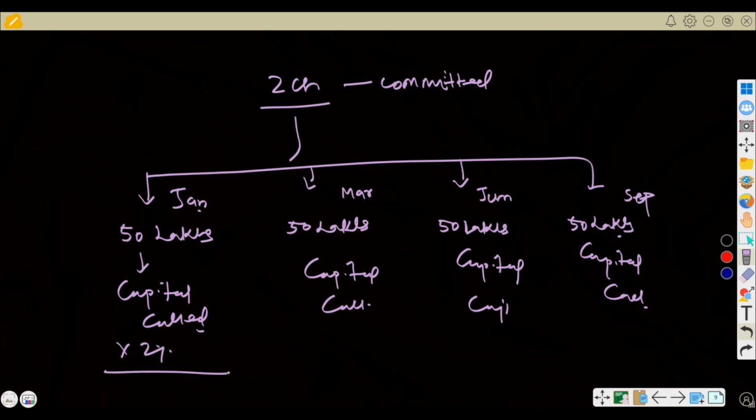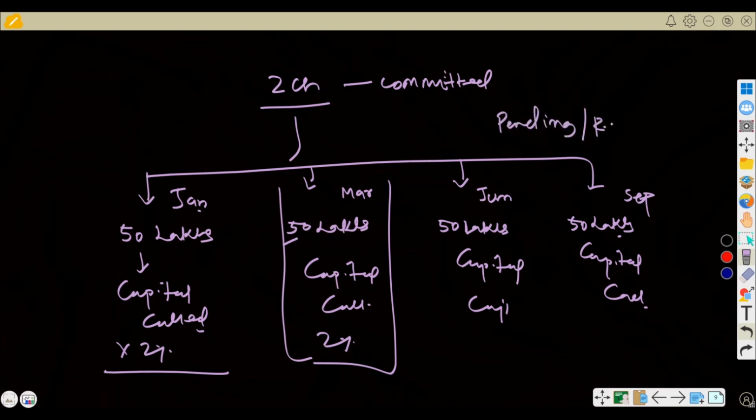Once you have charged the 2% management fees with a particular capital call, you cannot ask for it again. So you can only charge the management fees on the pending or remaining capital calls.